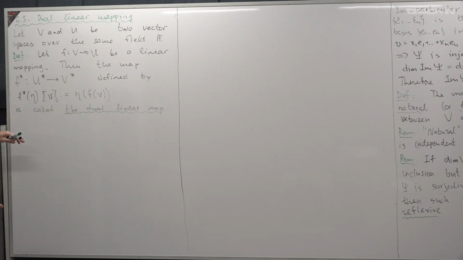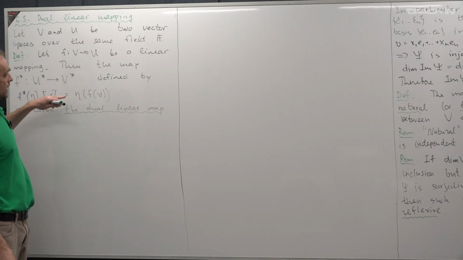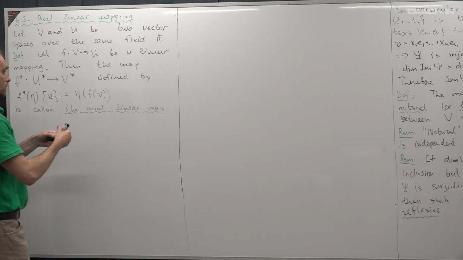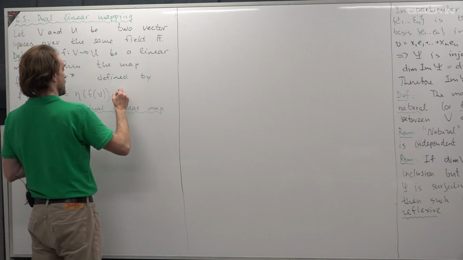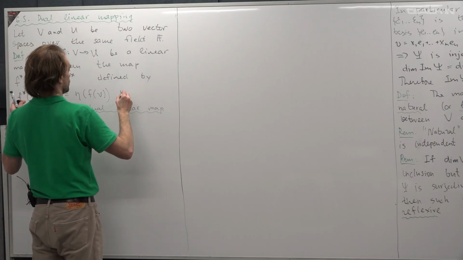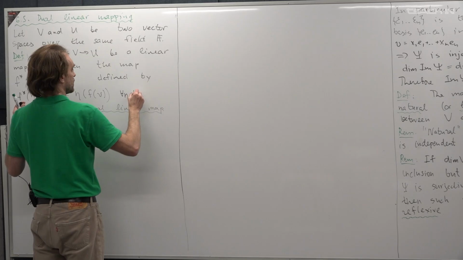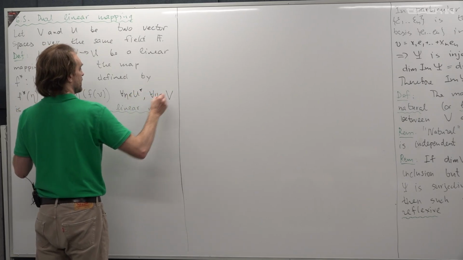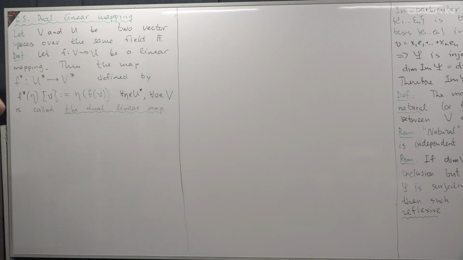So we need to say how to apply this element to any vector from V. And by the definition, this is eta of f of v. So this works for every eta from U star and for every v from V.